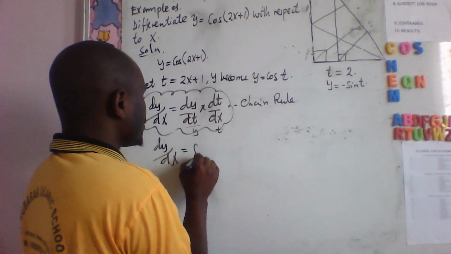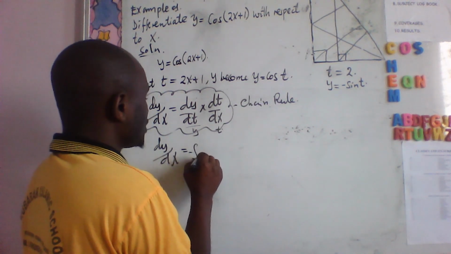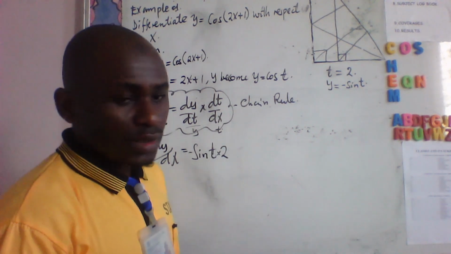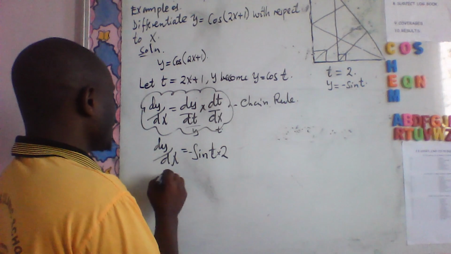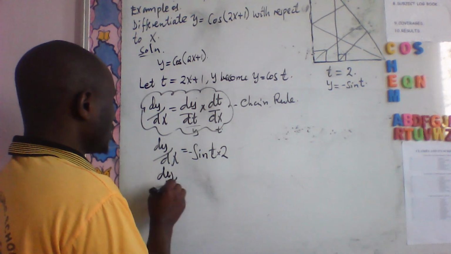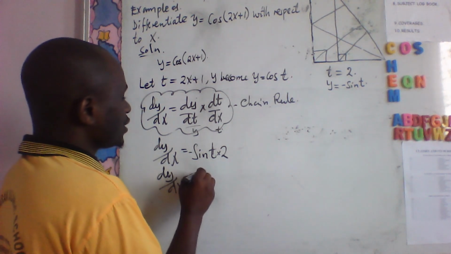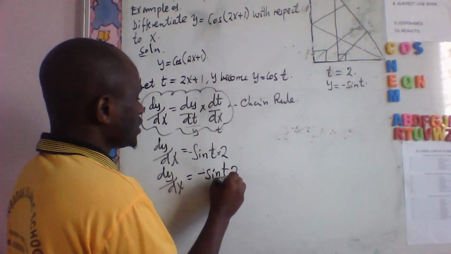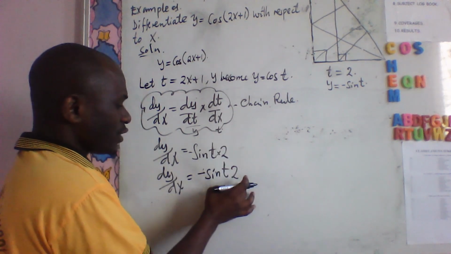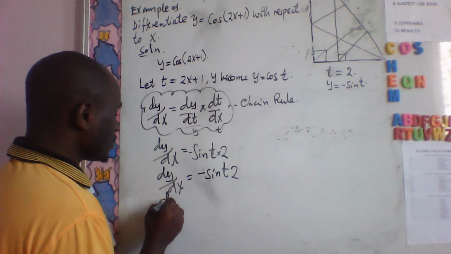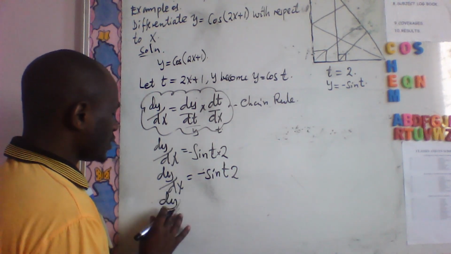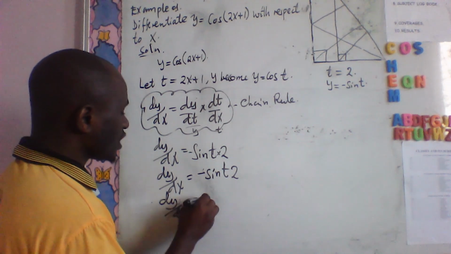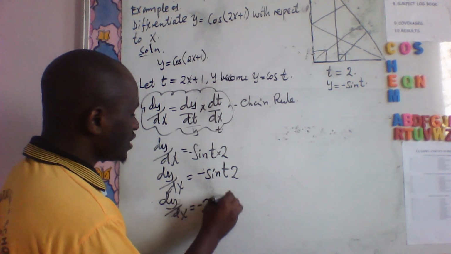So here we have negative sine t times 2 together, in which dy over dx is equal to negative sine t times 2, which can be turned back to be dy over dx is equal to negative 2 sine t.